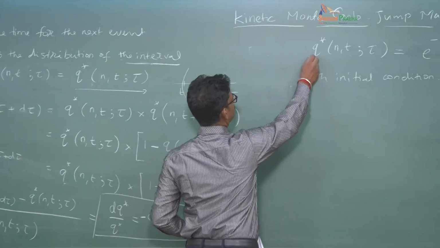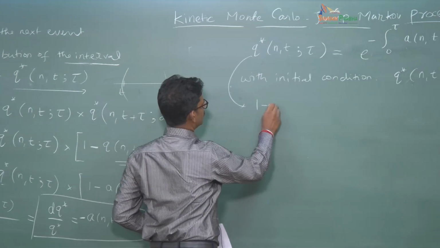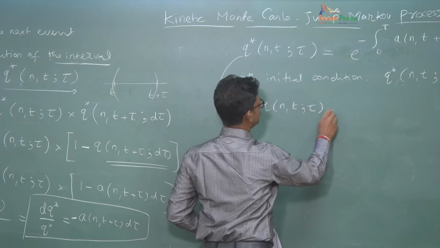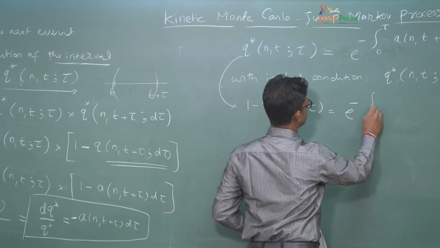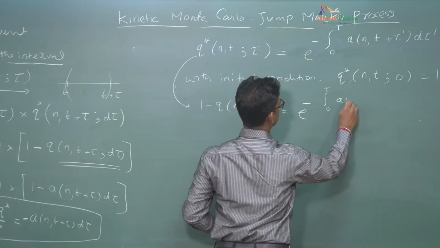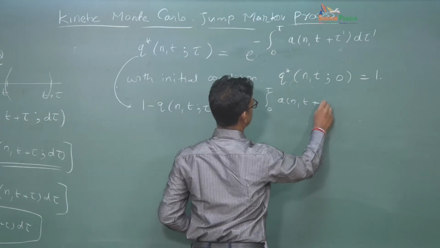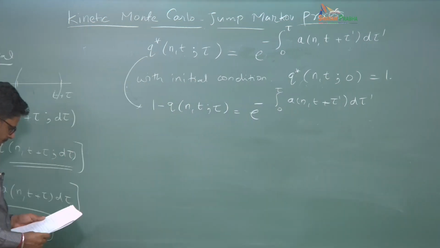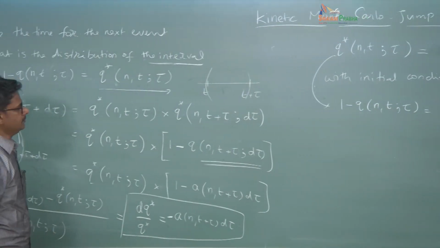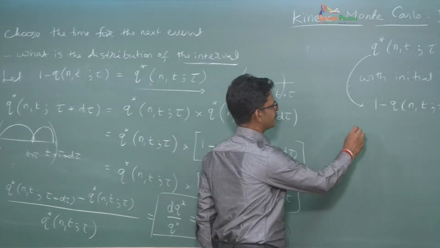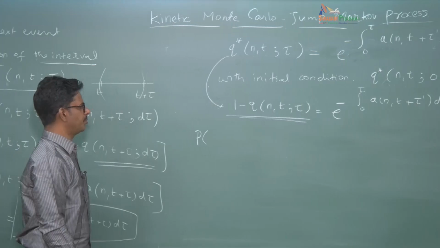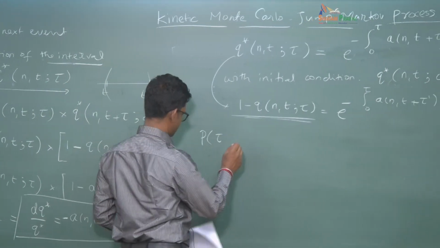So now we can substitute q star, which is nothing but 1 minus q, and that is equal to minus the exponential term. So now we have an expression for 1 minus q, so we can go back and substitute for the next jump density function.